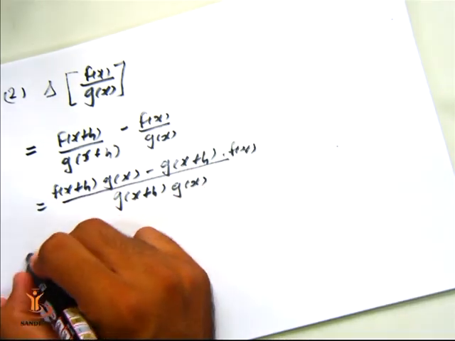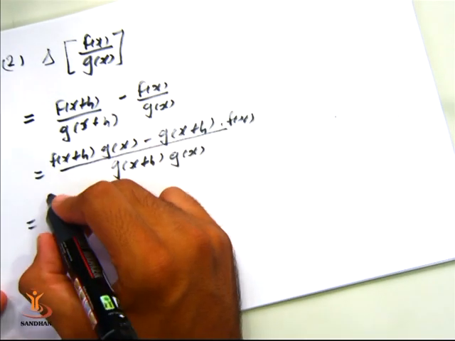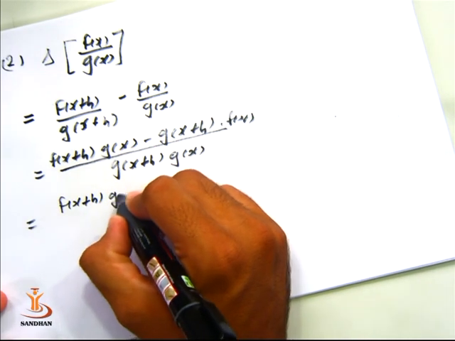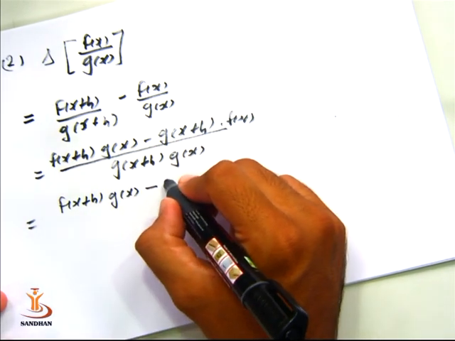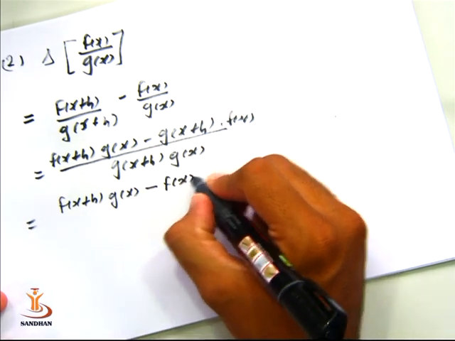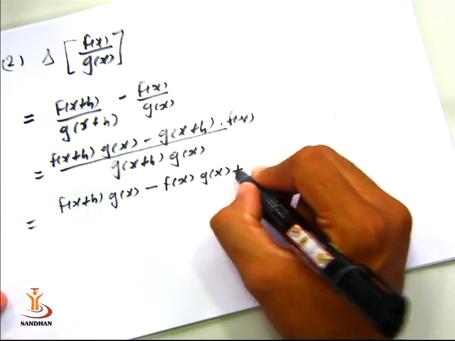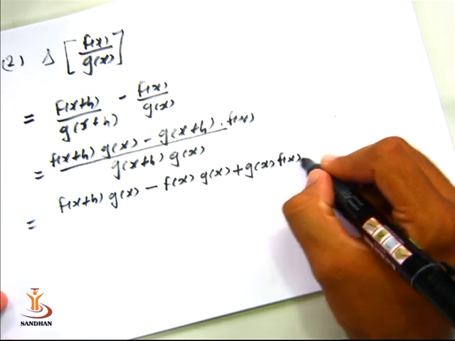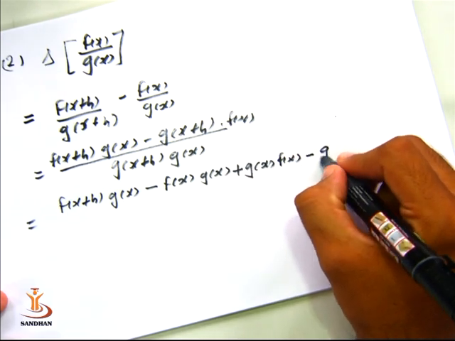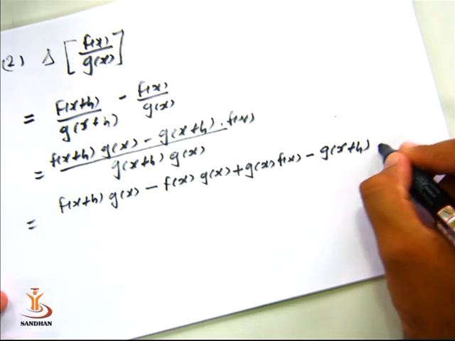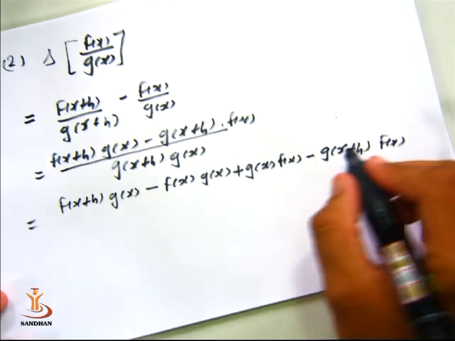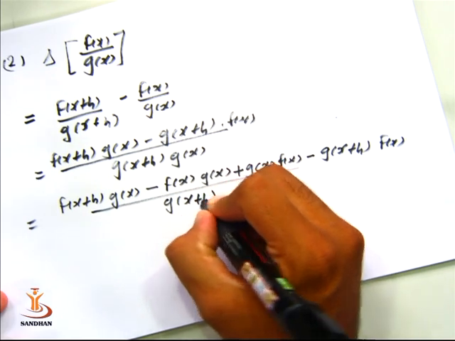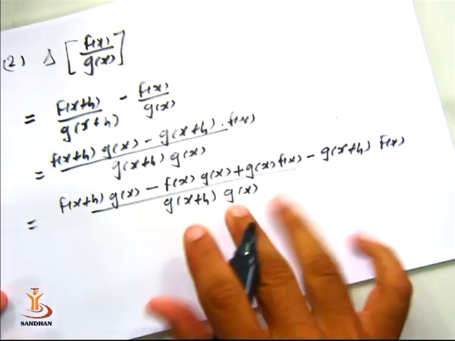To make it more simplified, we will again do some adjustments as per the previous question, but here the adjustment will be f of x plus h g of x. Now we will subtract and add f of x g of x in between the two terms, minus g of x plus h into f of x, divided by g of x plus h into g of x.